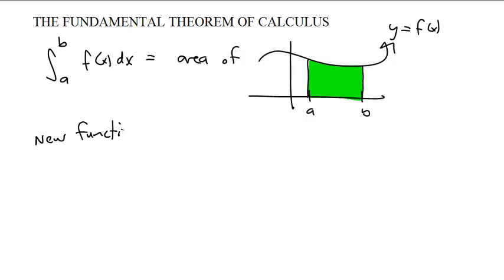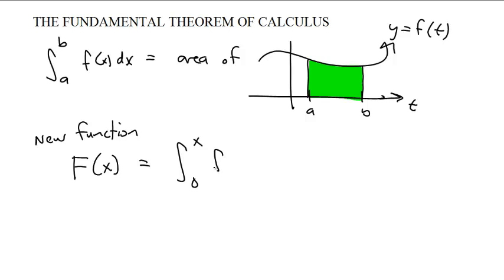f of x is a function, and we know how to take the derivative of it, and it gives you the slope of the tangent line. But the new function, big F of x, is going to be the integral from 0 up to x of that function. We've used x twice, so here's the little trick. You turn the x-axis into the t-axis, and you say, this is a function of t, really just rename the variable, of f of t dt.